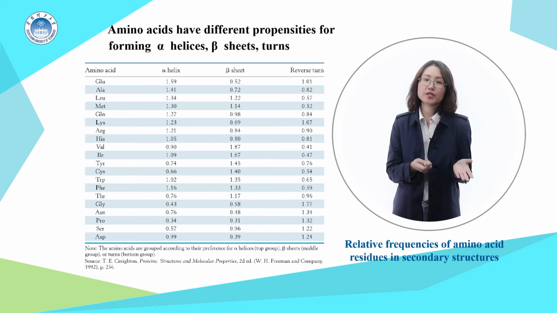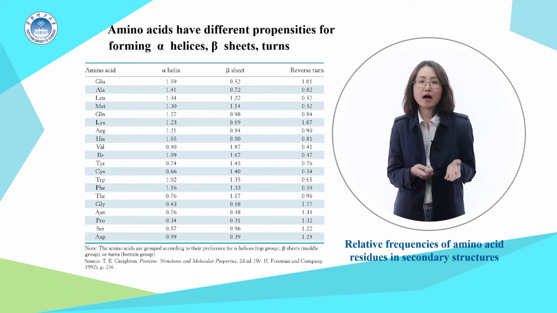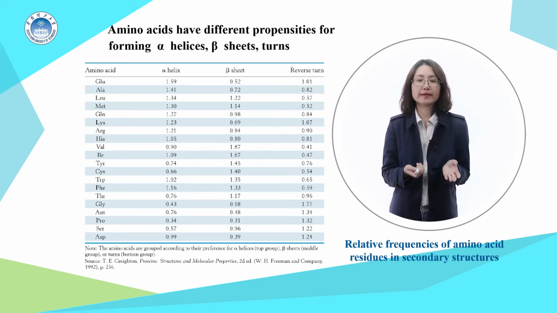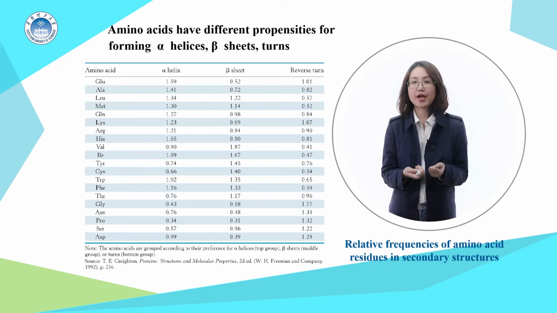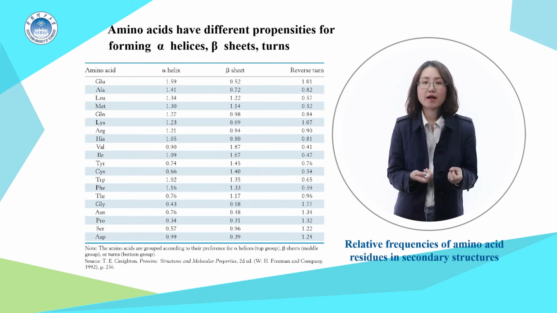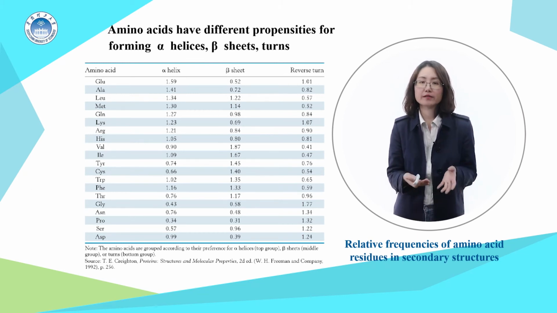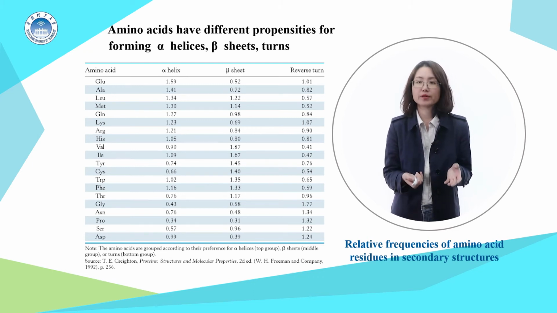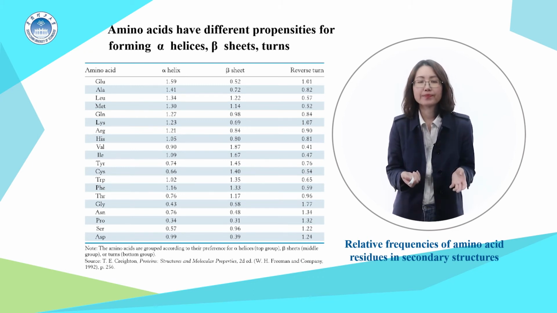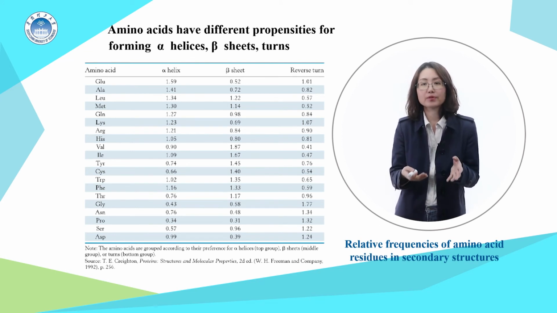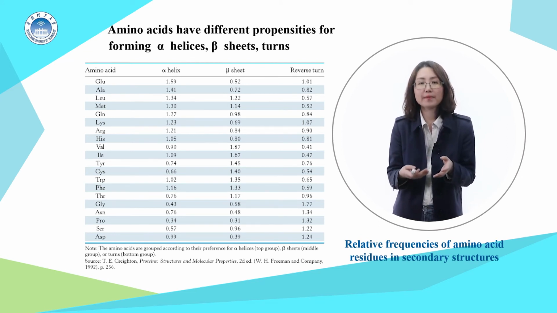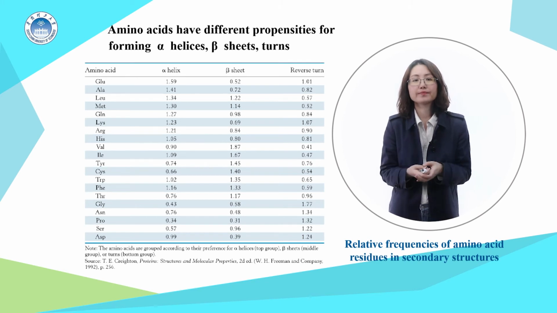So residues such as alanine, glutamate, and leucine tend to be present in alpha helices, whereas valine and isoleucine tend to be present in beta strands, while glycine, asparagine, and proline are more commonly observed in turns.